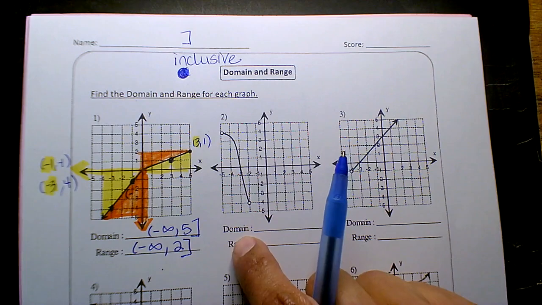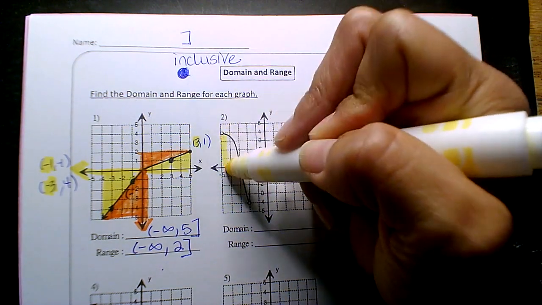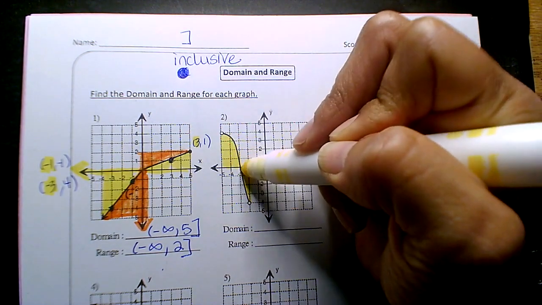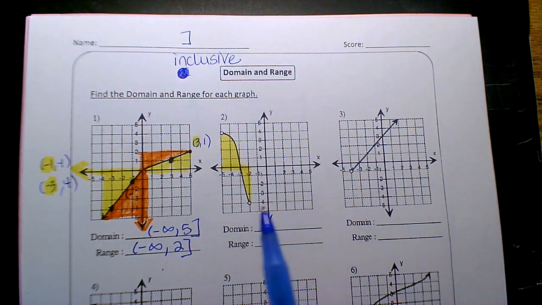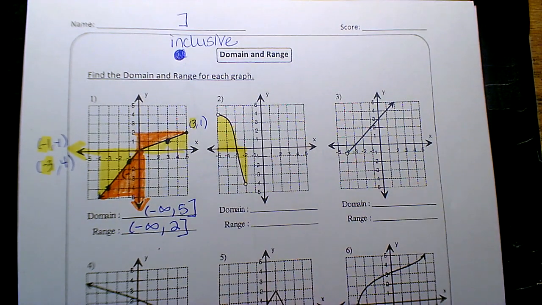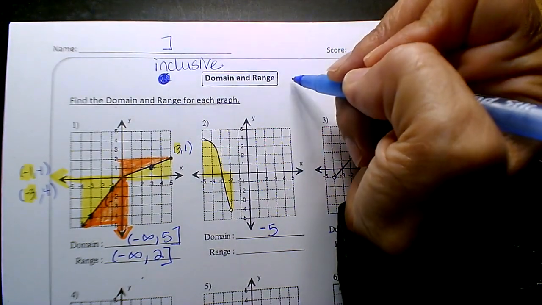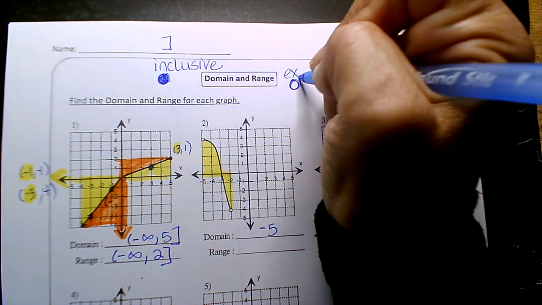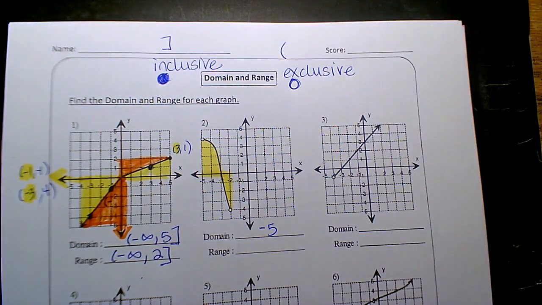Okay, so domain here. If I bring this down, and then I bring this up to the x-axis, where does the number start on the x-axis? The most left number. -5, but is that -5 a bracket or a parenthesis?